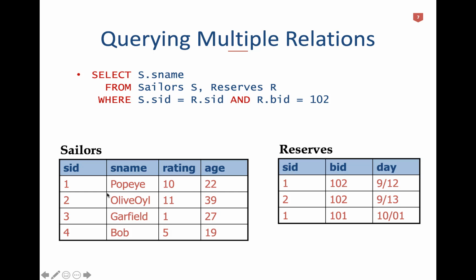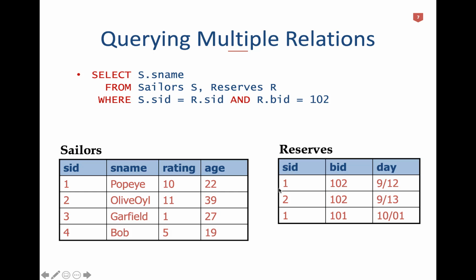After that, you join them on s.sid equal to r.sid. For example, Popeye was linked with these 3 rows. When you join them on sid, we will only be left with two rows, the ones where the sid of sailors is equal to the sid of reserves. This should be clear to all of you, yes?